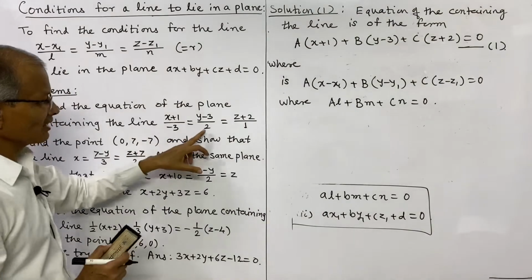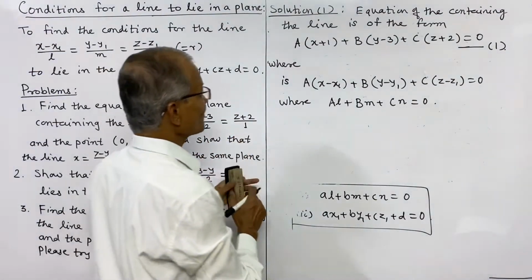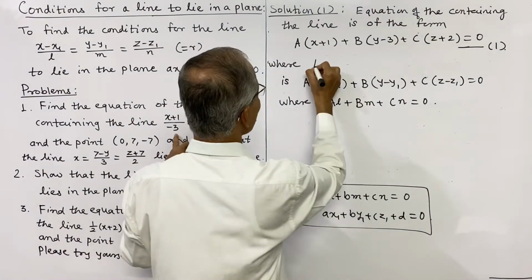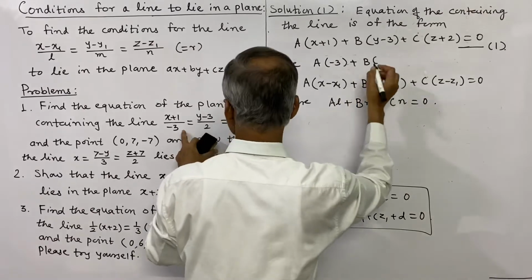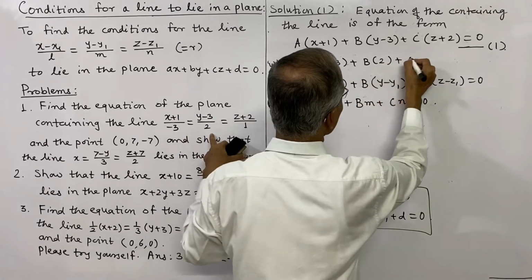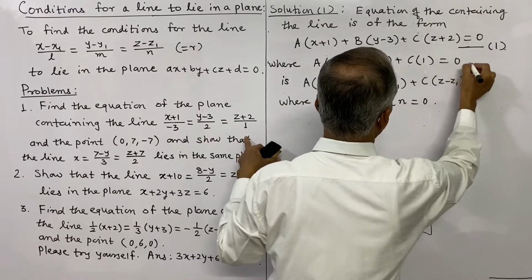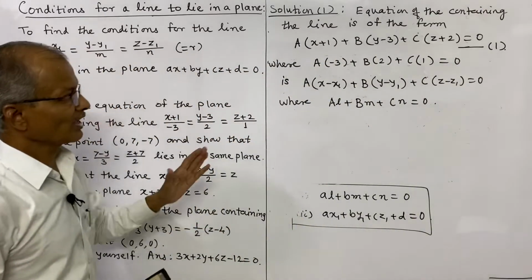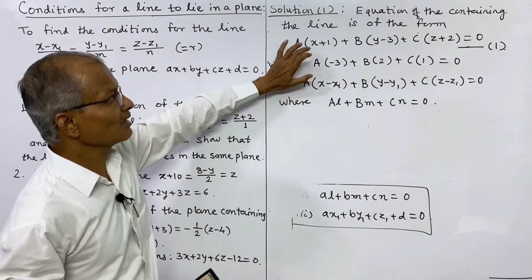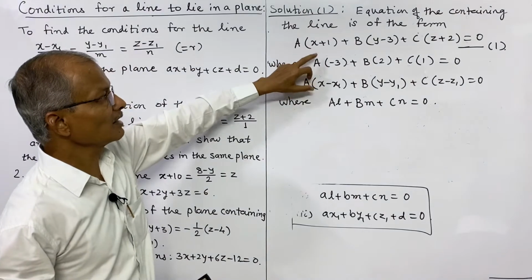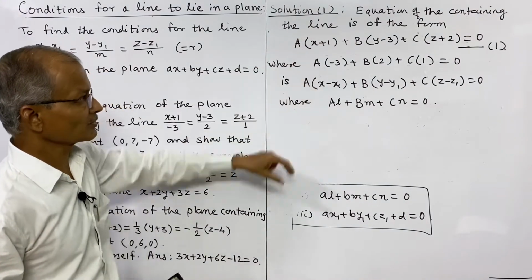This is the value of L, this is the value of M, and this is the value of N. So A into minus 3 plus B into 2 plus C into 1 is equal to 0. Thus we have written the equation of the plane containing the line, by the corollary of these two forms.